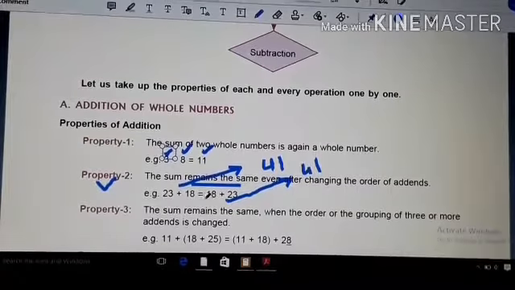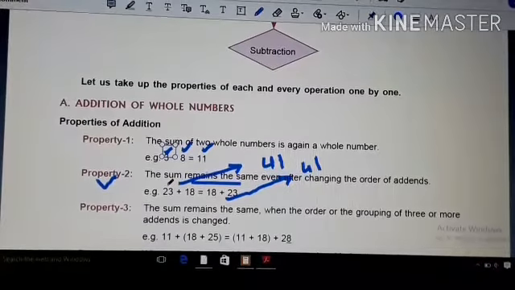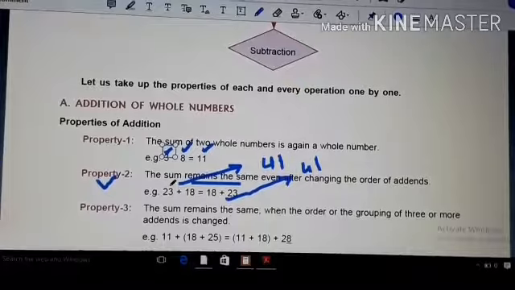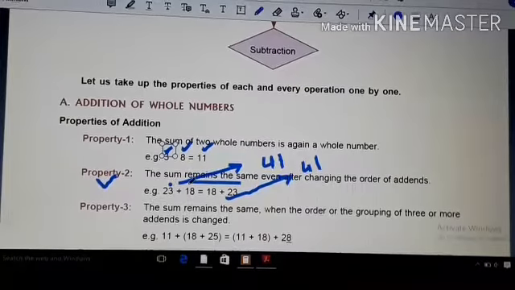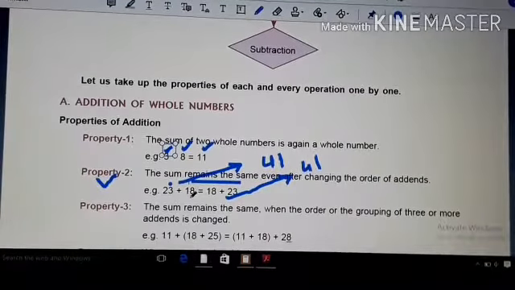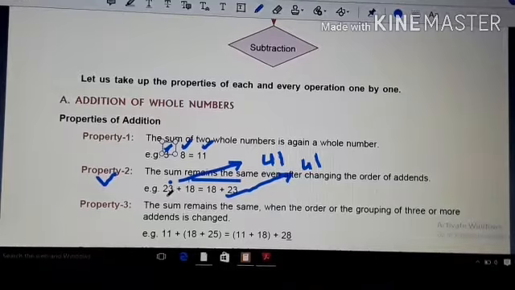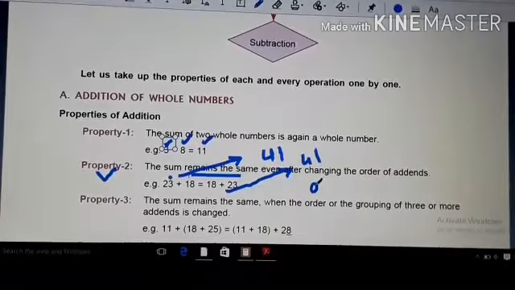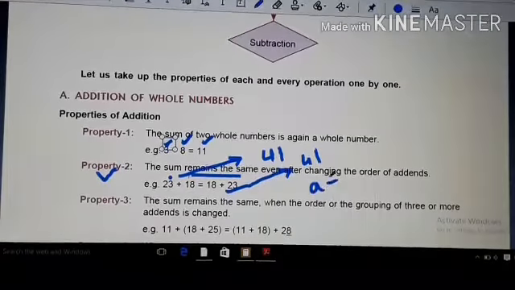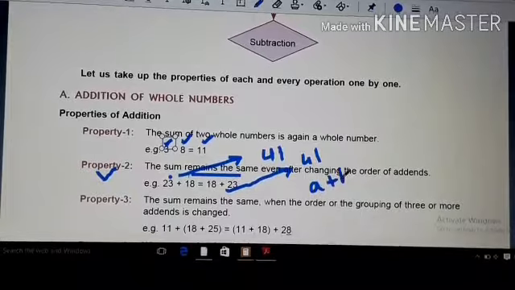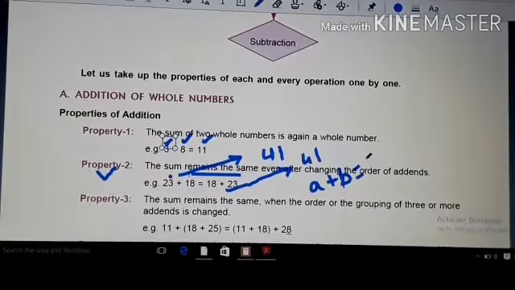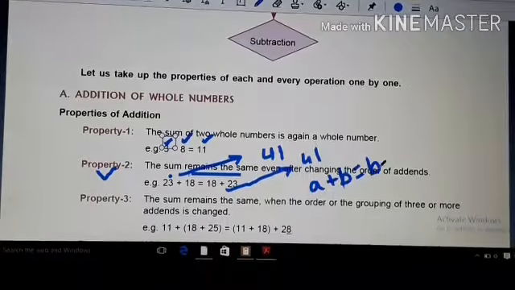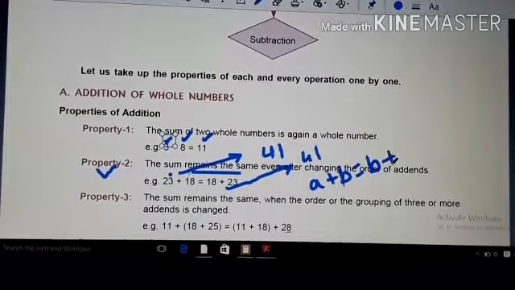This means when we add two whole numbers, for example a plus b, this gives you b plus a. If a and b are whole numbers, then a plus b is equal to b plus a.